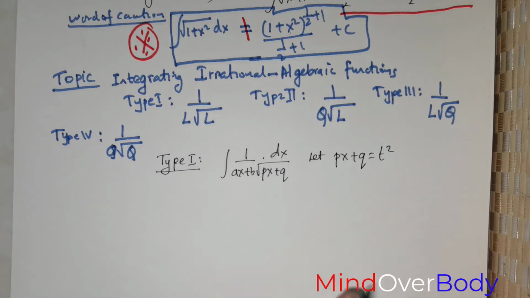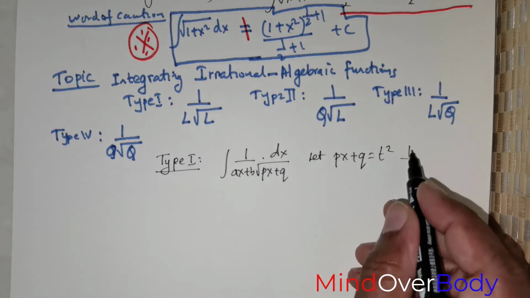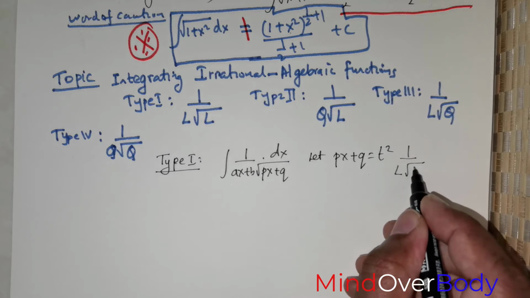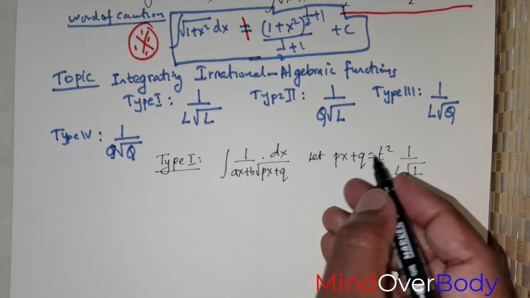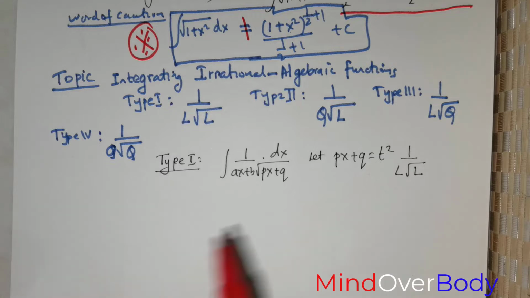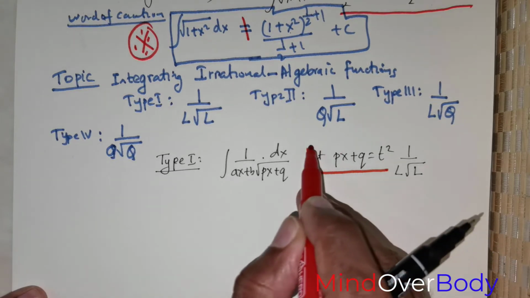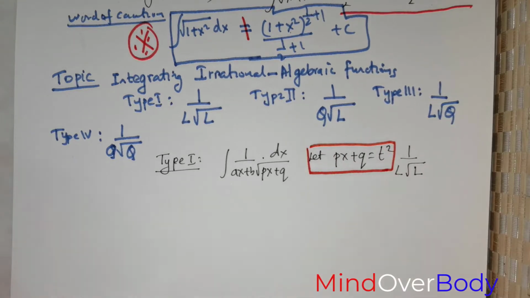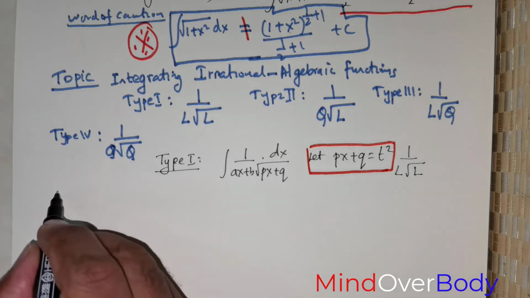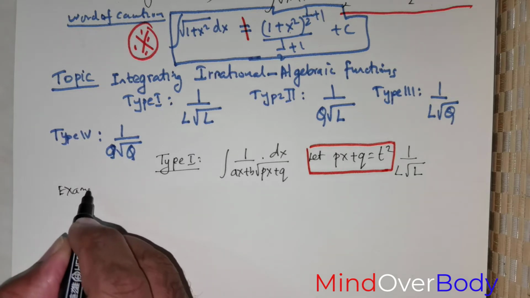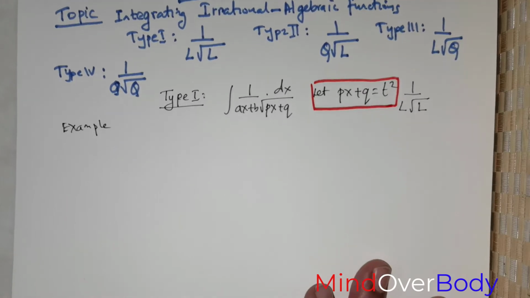This is a substitution, because the type here is 1 over linear times root of linear. So remember this substitution. This is the substitution that you will have to use. Let us see an example to understand this type better.